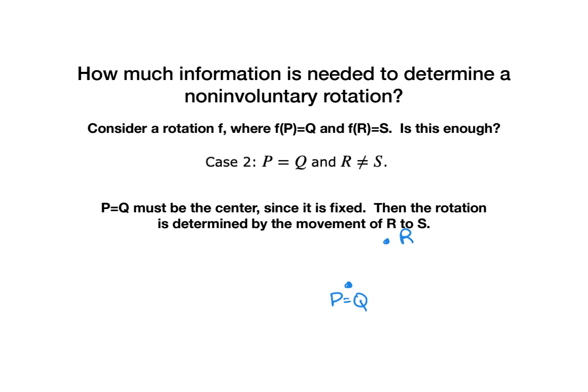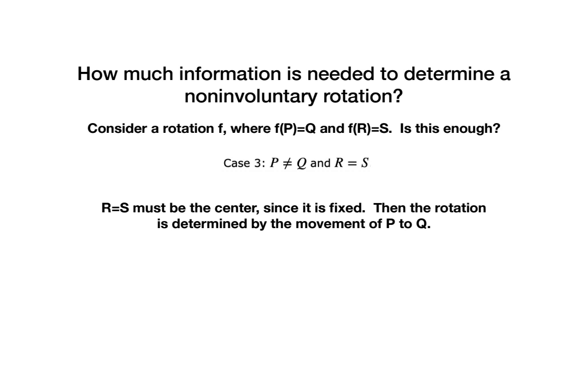Yeah, that's enough. But the way I drew it, I don't really like that because I would need to make sure that S is the same distance from the center. So that would tell me the angle of rotation. It would tell me the orientation of how my points are moving. So I would know in this particular case, the way I drew it, that my circular orientation is negative. It is clockwise. And I would know the angle of rotation. So yes, that's enough.